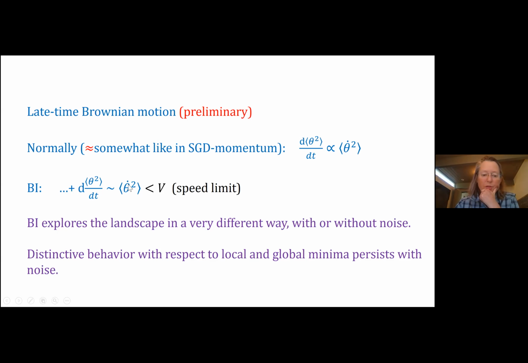But for us, the speed limit limits the variance of the velocity. So that is a direct contrast between the two. What it means is BI is not spreading out as much just due to stochastics. It's a bit more deterministic, but the way it explores is through this other mechanism of the chaotic dynamics and so on.